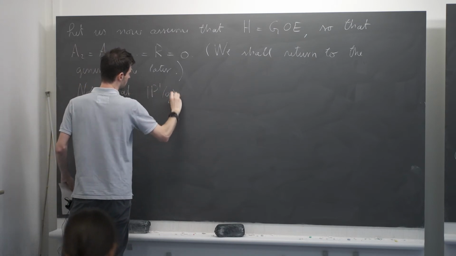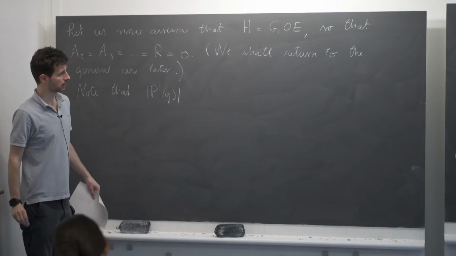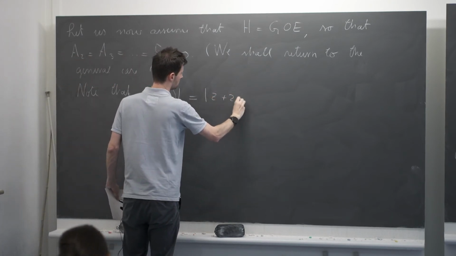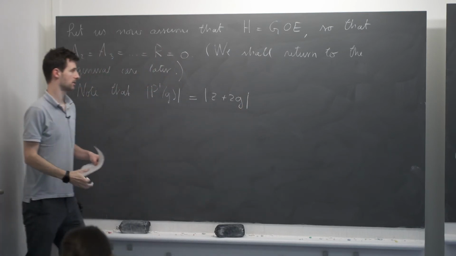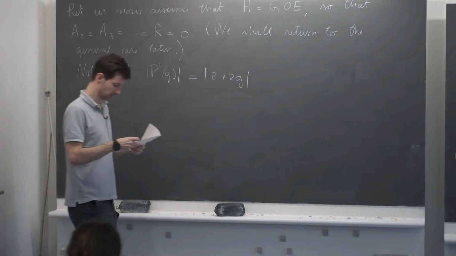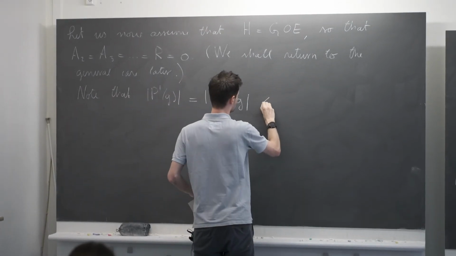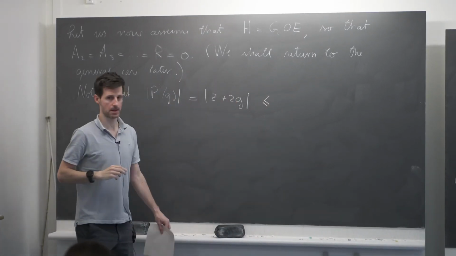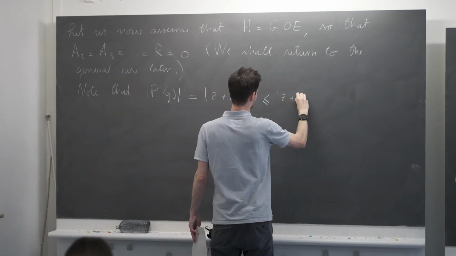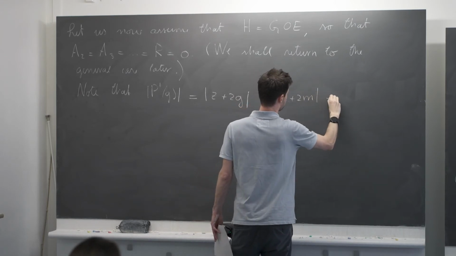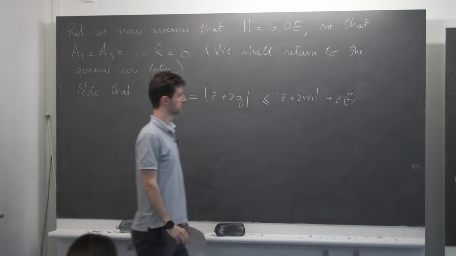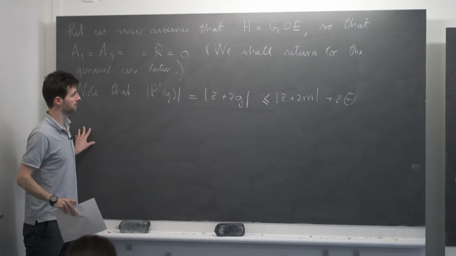It was P prime at G, which, if you recall, P prime is nothing but Z plus 2G. And I would like to replace the g with an m. So I can do that: 2m plus 2 theta. Right? Theta was the difference between g and m.